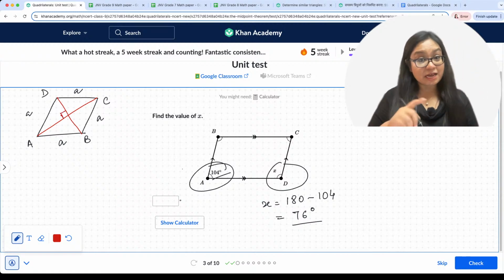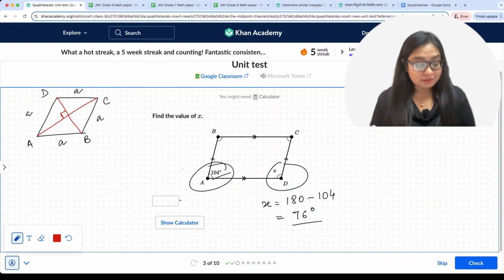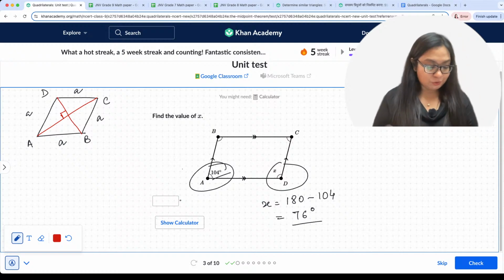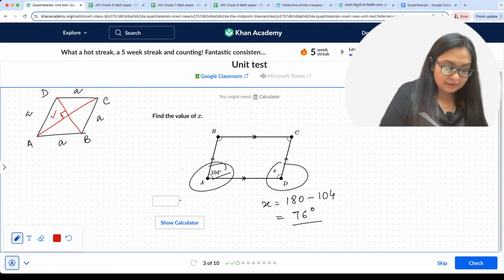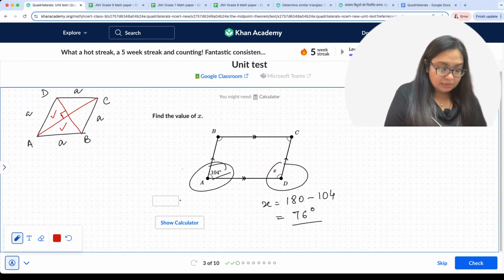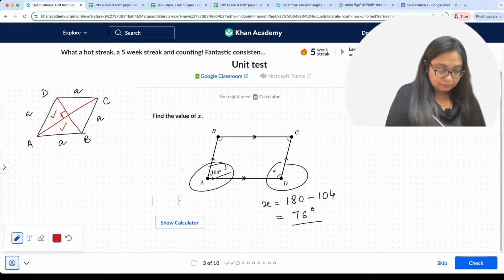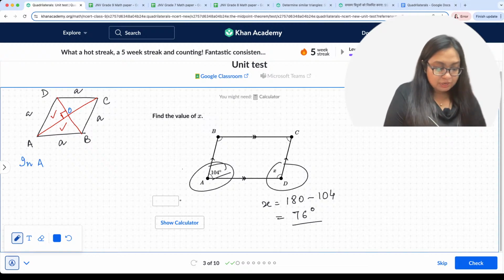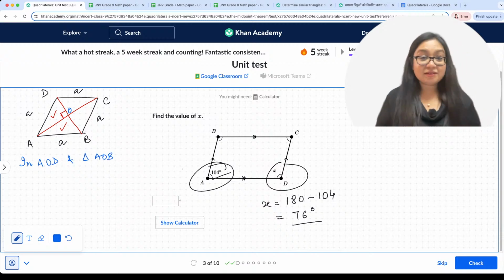Correct? Diagonals are perpendicular to each other. Diagonals are already bisecting each other. Right? So, यहाँ पर अगर मैं इन दोनों triangles को ले लेती हूँ, if I take this triangle and this triangle, then can I see that in triangle AOD, let's say this is O, and triangle AOB, right?